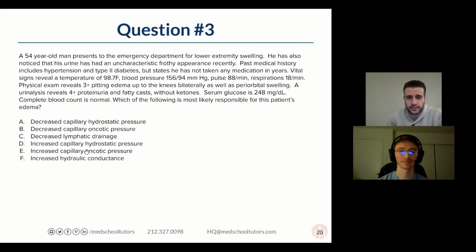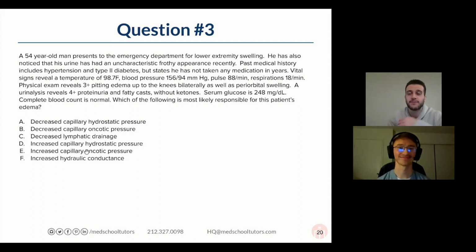Quickly going through the other answer choices, decreased capillary hydrostatic pressure. You'd expect this more in a hypotensive kind of process. Decreased lymphatic drainage would occur if, for whatever reason, you have scarring of lymph nodes. For example, in the derm world, we often talk about sentinel lymph node biopsies for patients who have melanoma.